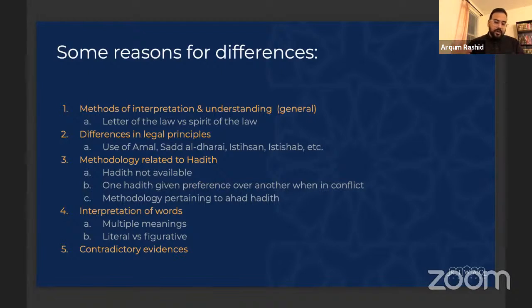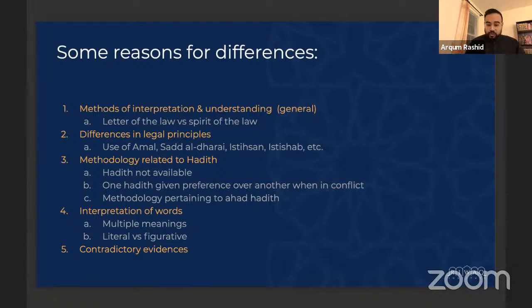Some things that fall under this is a hadith might not be available. So this is a reason that generally when somebody does not study Islamic law tends to give as a reason for why there's difference of opinion. They'll say, the hadith didn't reach these scholars, or this hadith wasn't available in Kufa, or wasn't available in Baghdad.